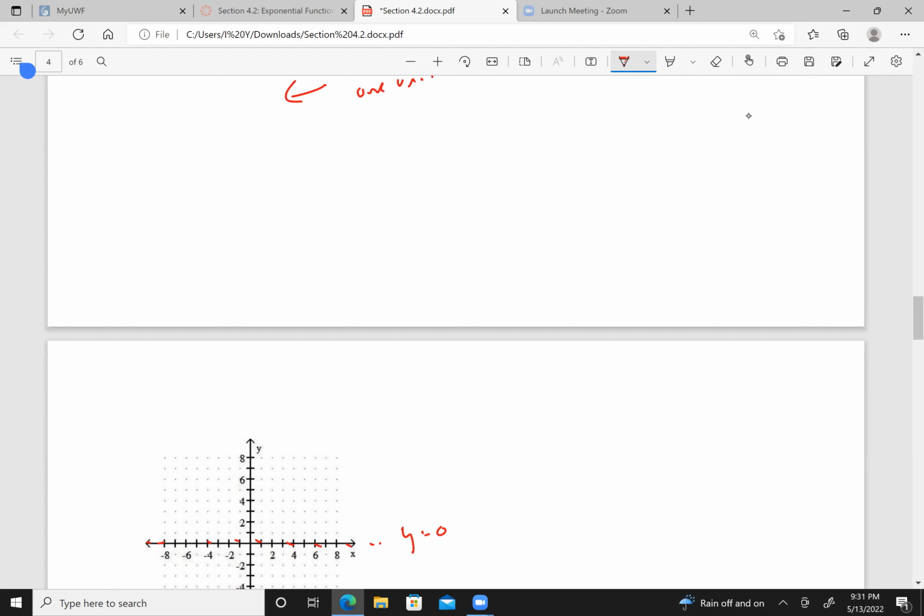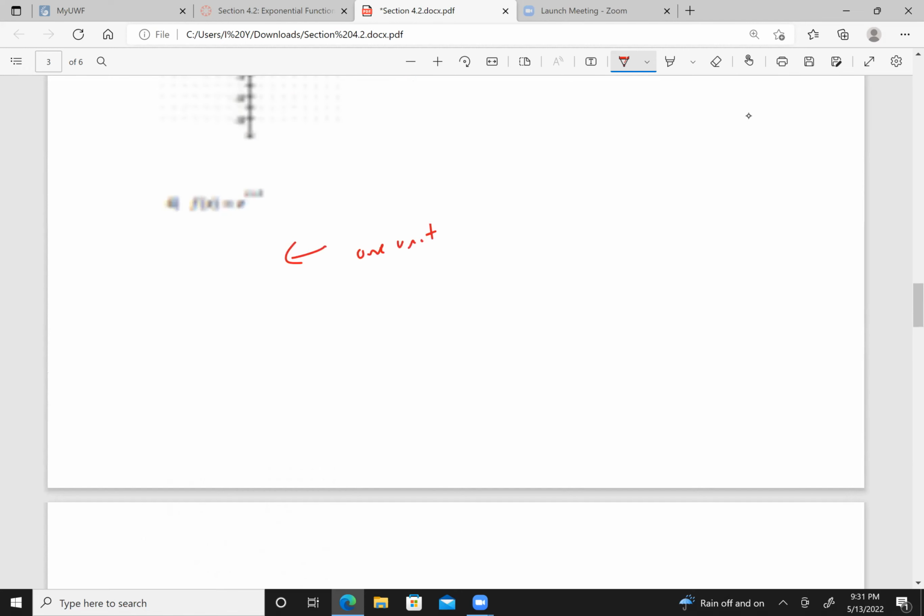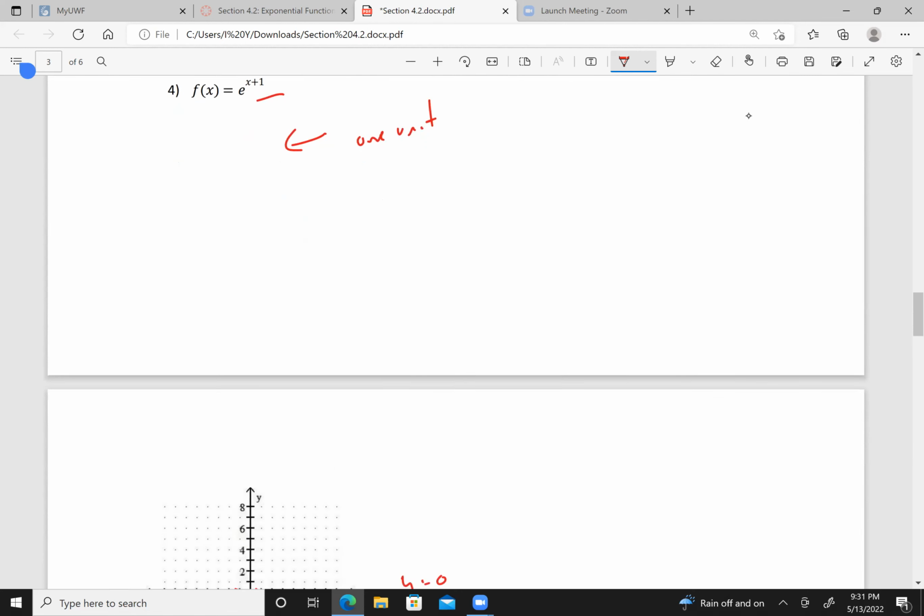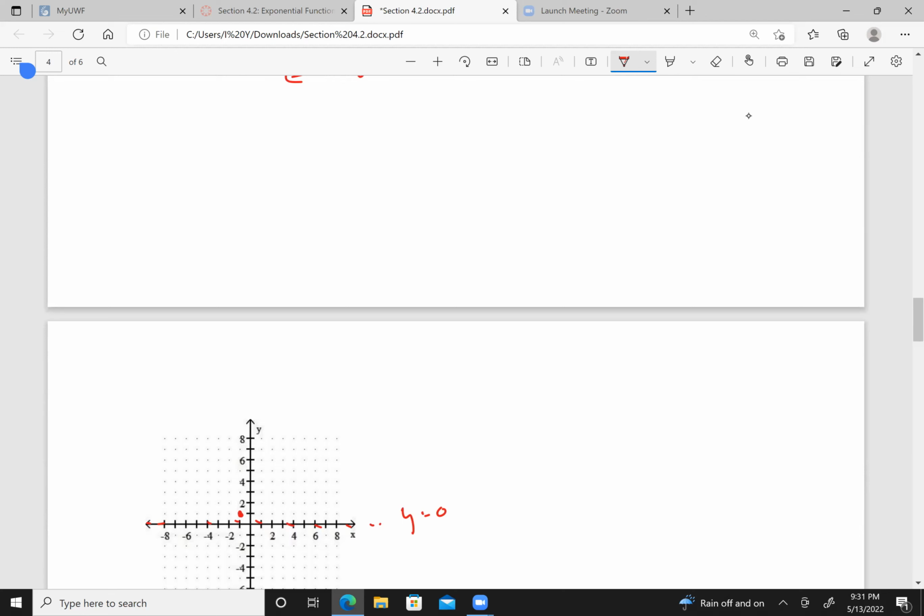Moving everything left 1 unit. So that's here, there, and it's going to look roughly like this. Okay. So my range is 0 to infinity, domain, -infinity to infinity.